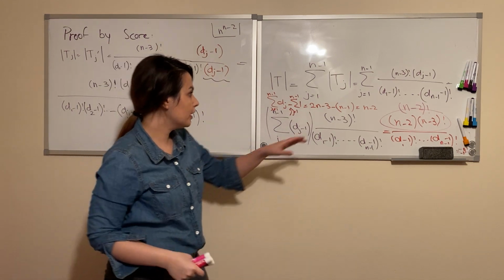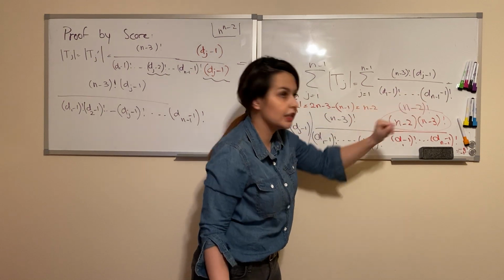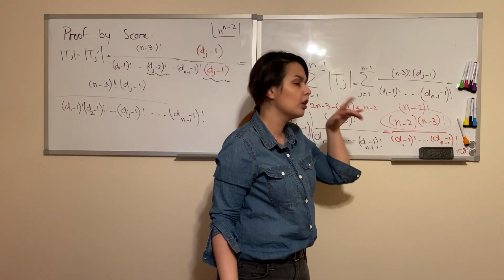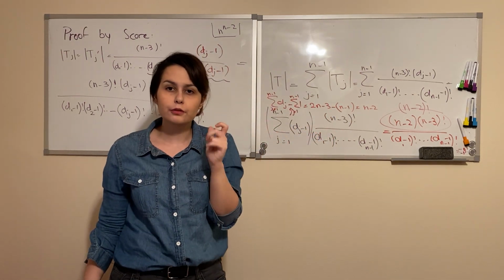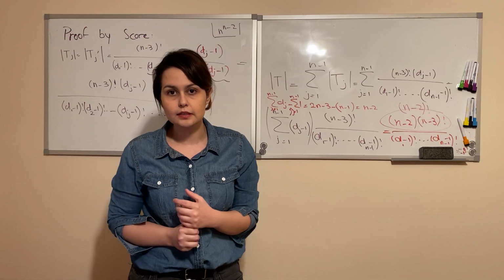Okay, so far we are so close to our formula. We are good with that n minus 2 factorial. We are good with that denominator, but we need something else. In the formula, we have the d_n minus 1 factorial as well, right?